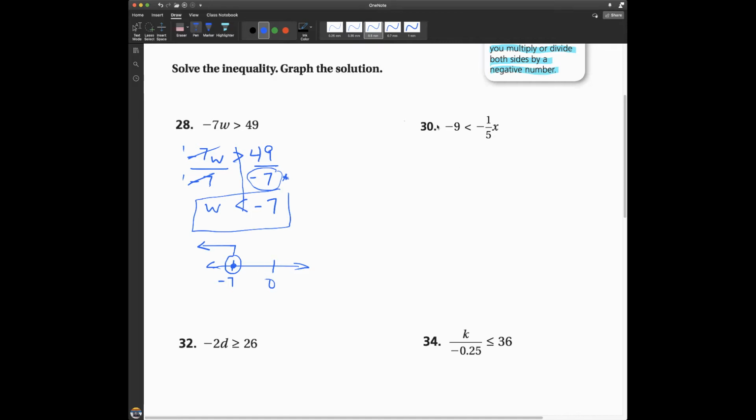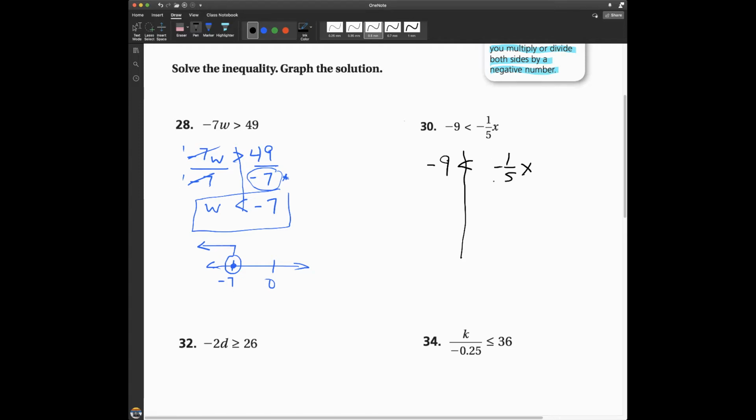All right, so let's look at number 30. I'll write this one down. Negative 9 is less than negative 1/5 x. Notice I'm multiplying the variable by a fraction.